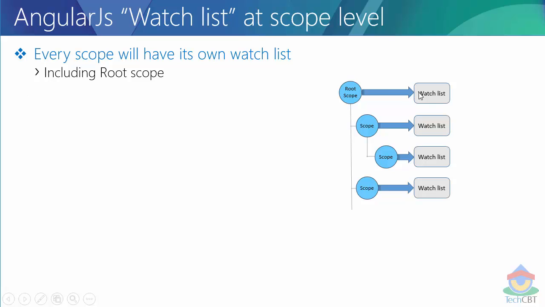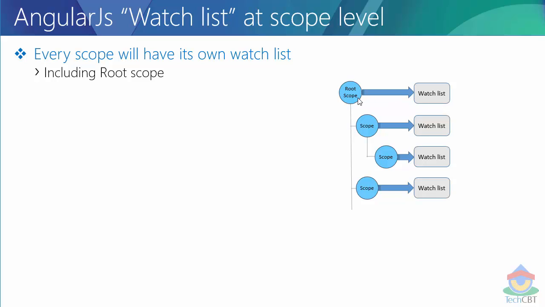Furthermore, there exists a watchlist even at the root scope level. No particular scope will necessarily have a watchlist, though. A watchlist will be created if and only if you have certain data bindings or you use your own watch listeners. If you do not have any watch variables or watch listeners, then you are not going to have watchlists at all.